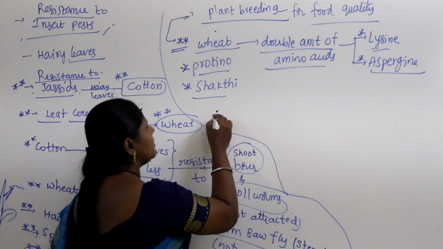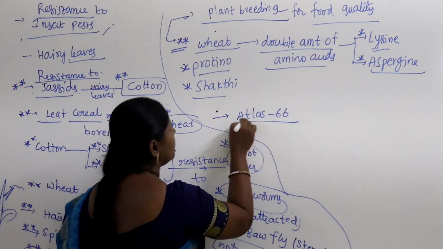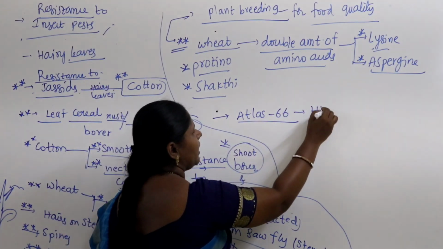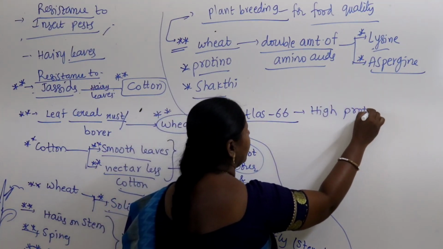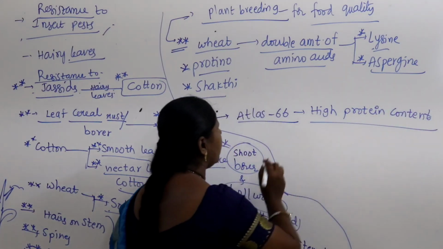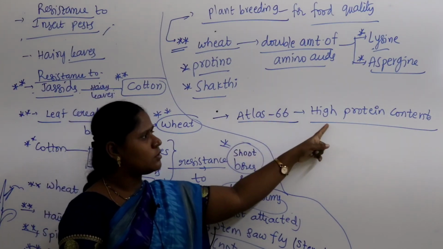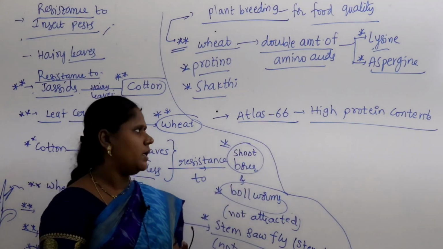Now apart from this, Atlas 66 is also a variety which has high protein content. Atlas 66 is produced with more protein content, right?